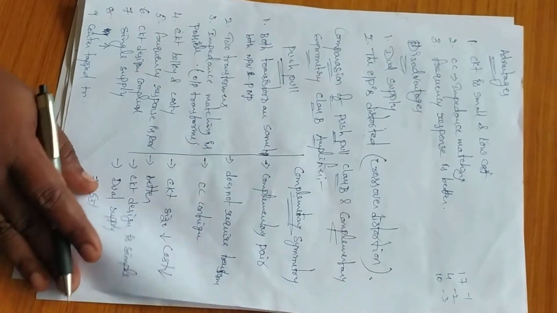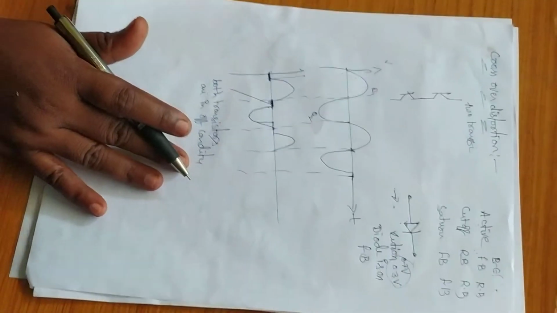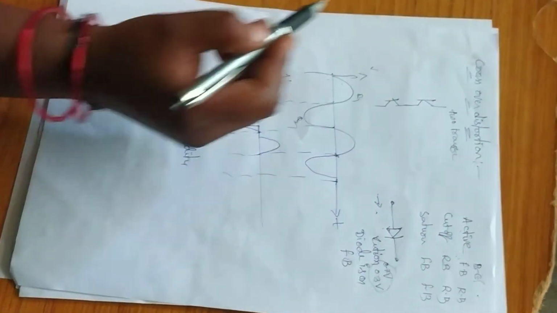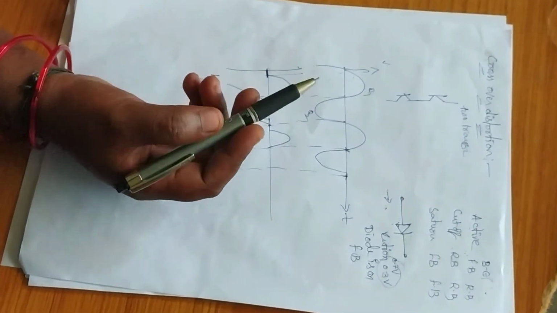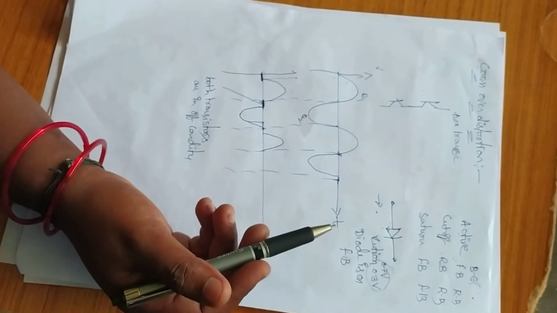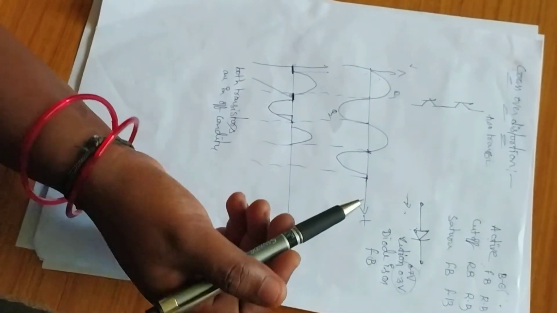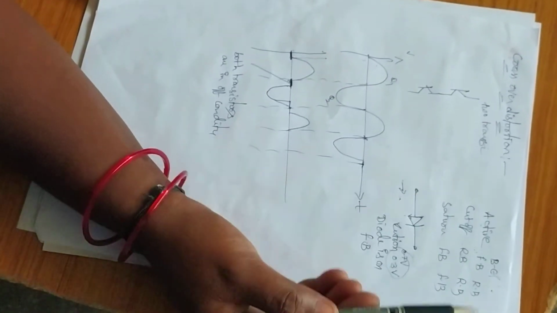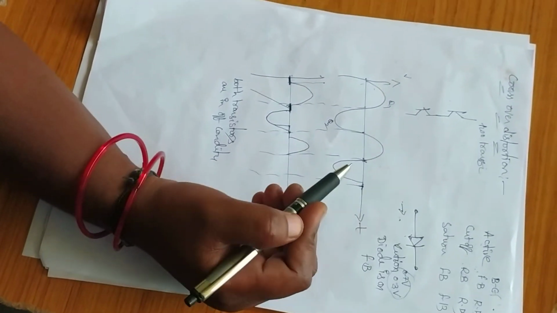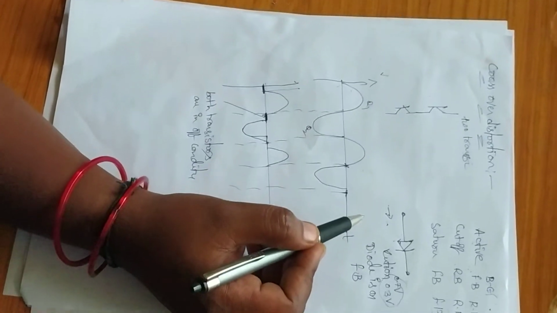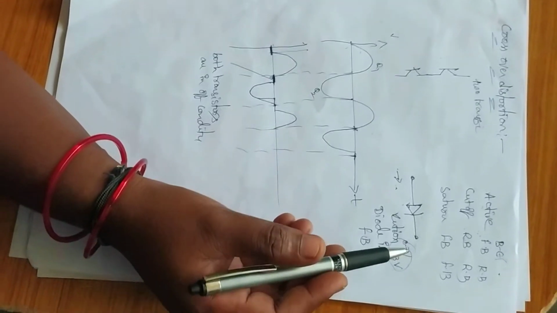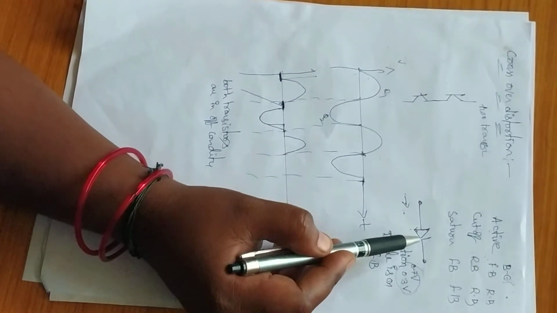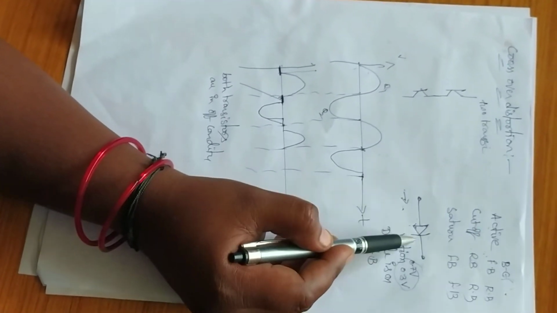Next topic, we will discuss crossover distortion, which is present in class B amplifier. For a transistor to be in active region, the base emitter junction is forward biased. The junction can be forward biased only when the applied voltage is greater than the cut-in voltage of the junction. For example, here we take a diode. In a diode we have P and N terminals.